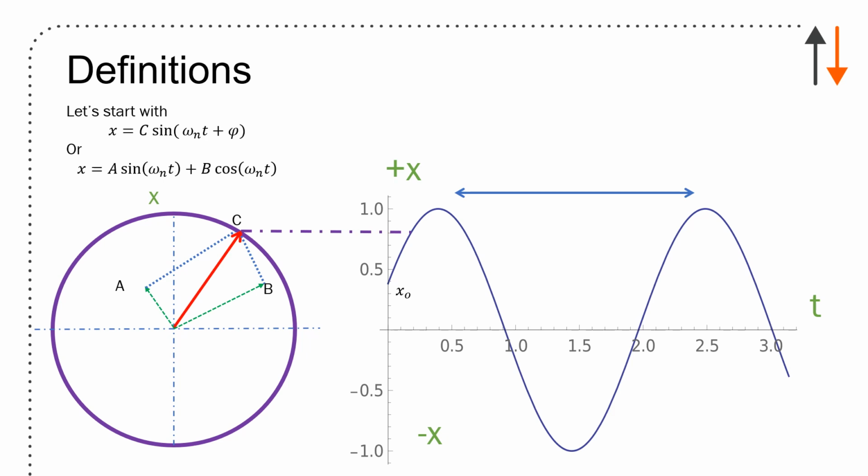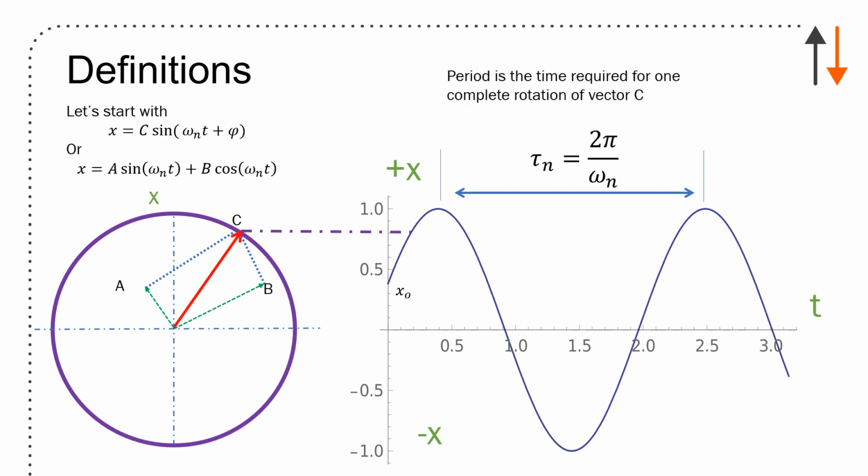If I want to relate it back to the solution I've given in terms of A and B, that's what A and B are. A and B are two normal vectors that describe C directly. The period is the time required for one complete rotation of vector C. So from 0 to 2 pi, it'll go around there.